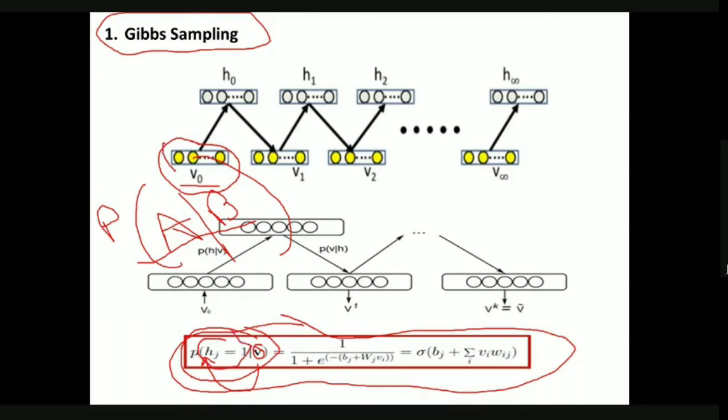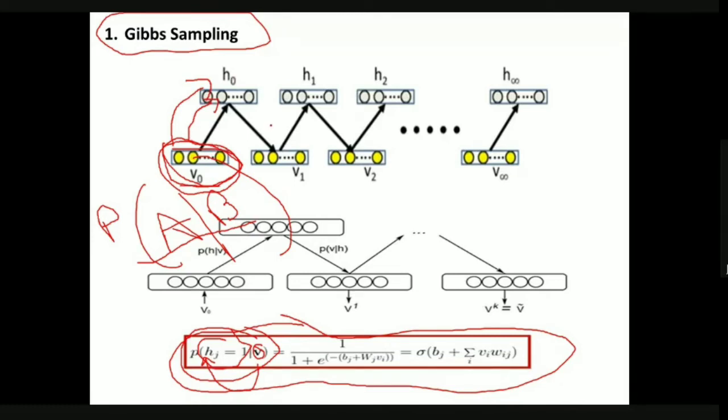That is, from this input vector V, we are trying to calculate this hidden vector H naught. So this is the first part. First we gave our original input V naught, and we are trying to get H naught from this particular V naught. So from V naught we got H naught, right?